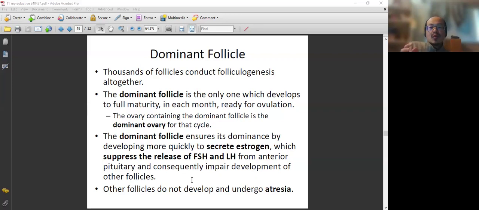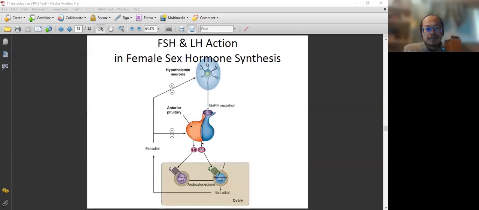This is because this one will be the one that produces a lot of the estrogen, and the estrogen can cause suppression of the hypothalamus and the pituitary, to suppress the FSH and the LH. So once the follicle grows, estrogen increases, FSH drops. And so you don't have enough FSH to support all these many growing follicles through to the end.